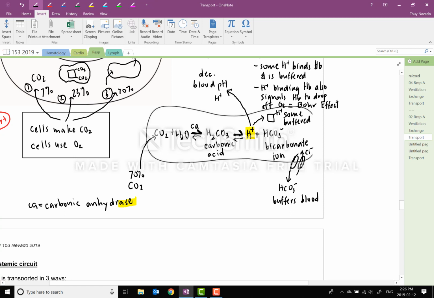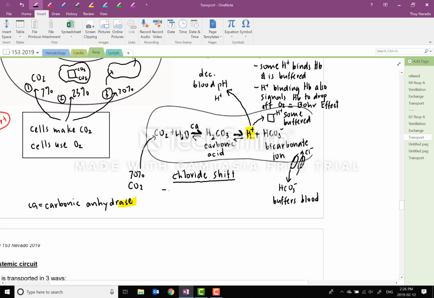So this little thing where bicarbonate exchanges places with chloride, we call this the chloride shift. And it can go in either direction, either bicarbonate in and chloride out, or bicarbonate out and chloride in. In this case, at the tissues, bicarbonate is going to be exiting and chloride will be going in.